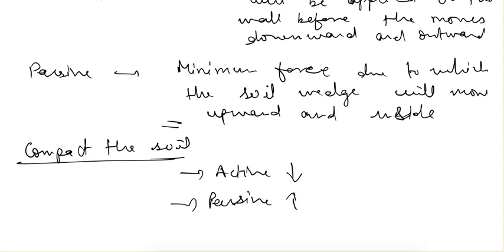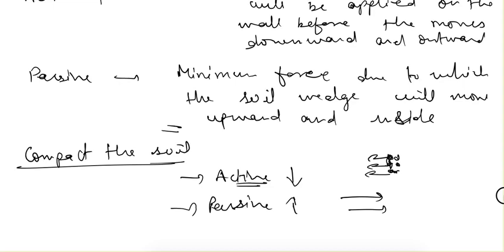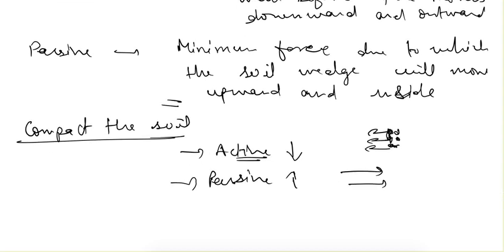We can imagine this, because we have compacted it, so the soil grains will come closer and there will be less tendency to move away. So active earth pressure, that is the pressure applied on the wall, will decrease, whereas because these are compacted, if we are pushing this soil inside, they will put more resistance, so more force is required for the wall movement. So we can say the passive earth pressure increases.